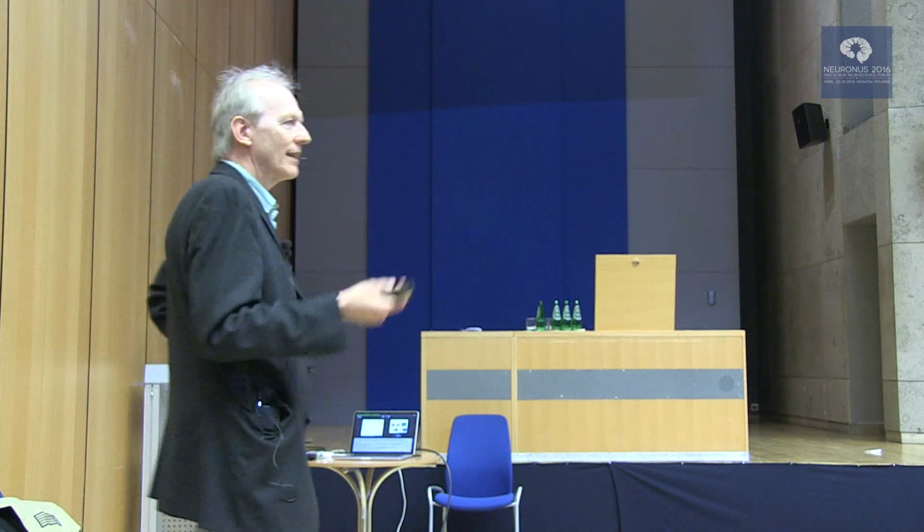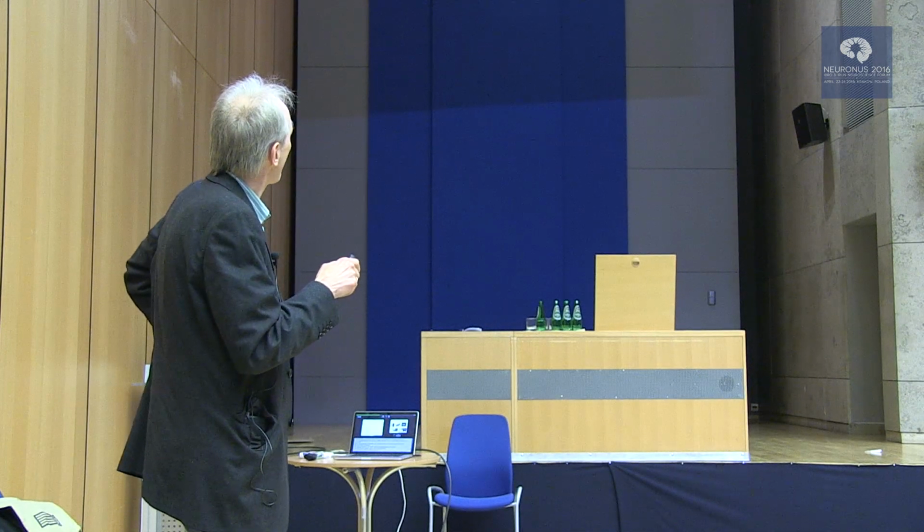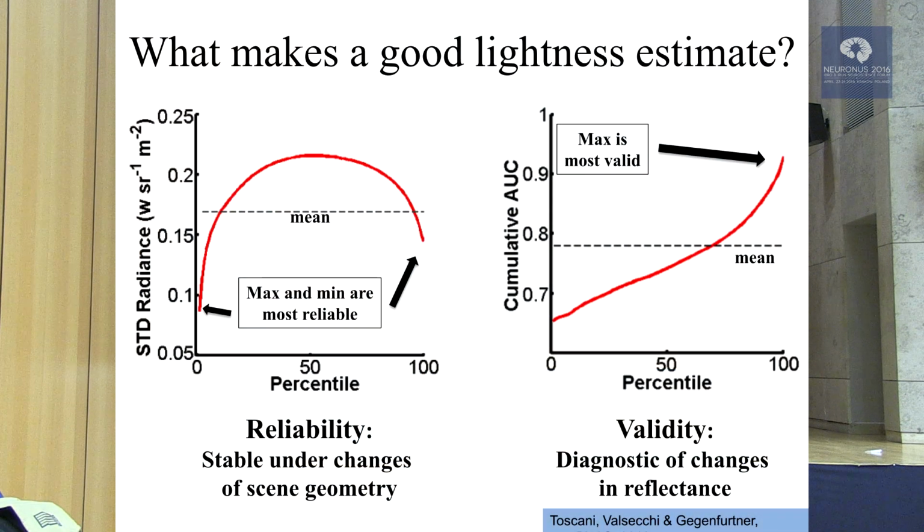So if you have a measuring instrument, for example, a scale, and every time you step on it, it gives you the same answer, 80 kilograms, then it's reliable, very reliable, but useless. So we need something else to evaluate our statistic, and that something else is the validity. You want the statistic to be diagnostic of changes in reflectance. So we did the whole simulations again, but we used two different pairs of slightly different reflectances, and we checked how well our statistics could differentiate between two slightly different reflectance values. And in that case, you can see that the maximum here is clearly the best there is.